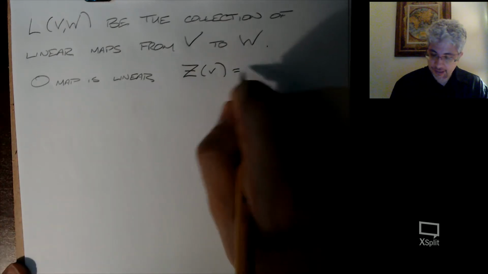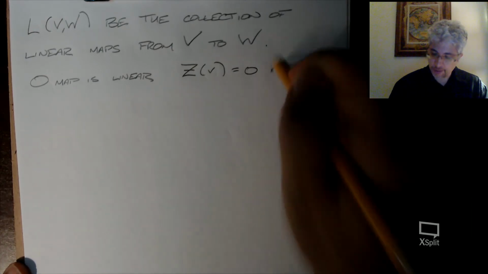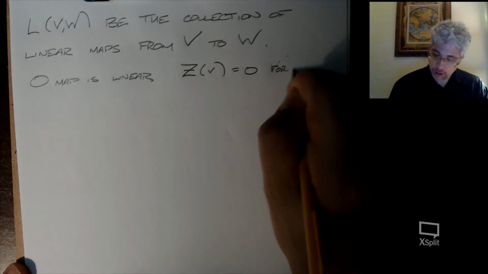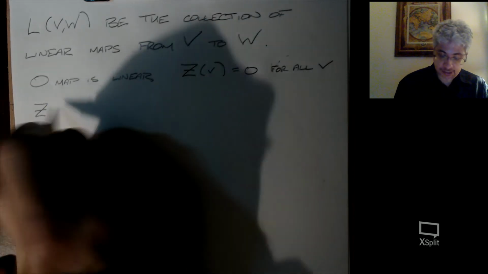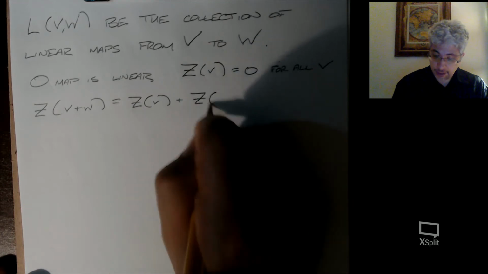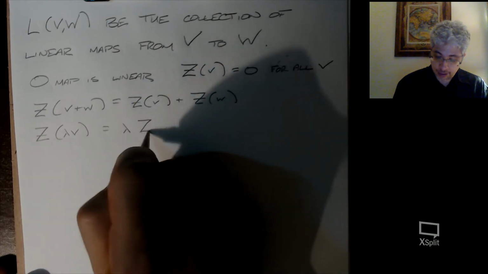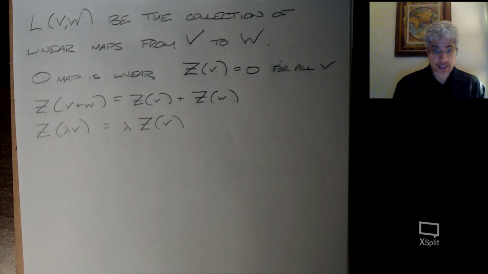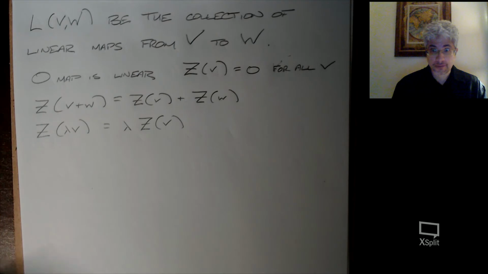But let's just say Z of V equals 0 for all V. This is going to be a linear map because Z satisfies Z of V plus W equals Z of V plus Z of W, and it also satisfies Z of lambda V equals lambda Z of V. Why does it satisfy these things? Well, because 0 equals 0 plus 0, and 0 equals lambda times 0, the 0 vector in this new space that we're constructing, L of V, W.